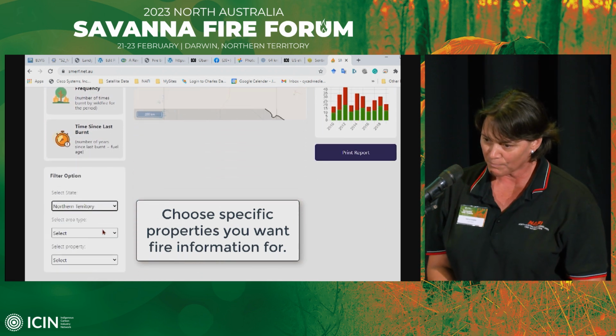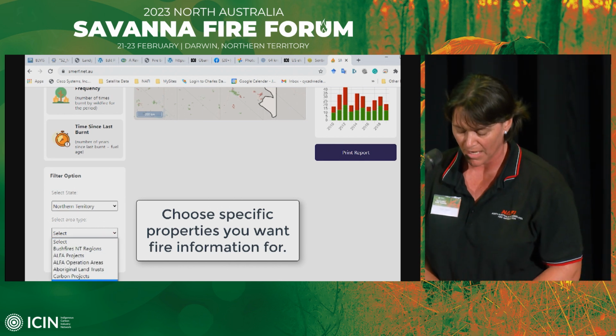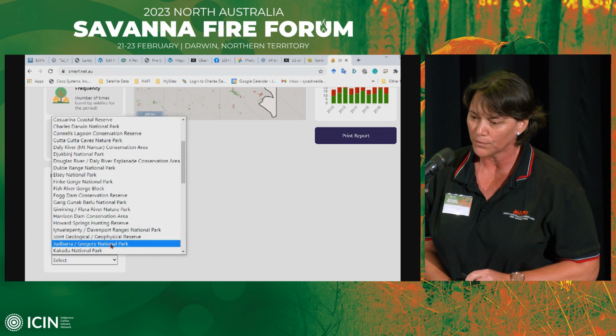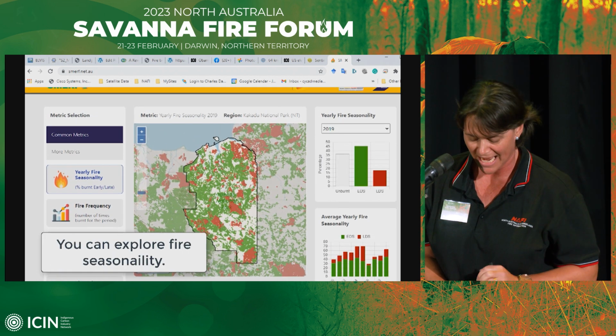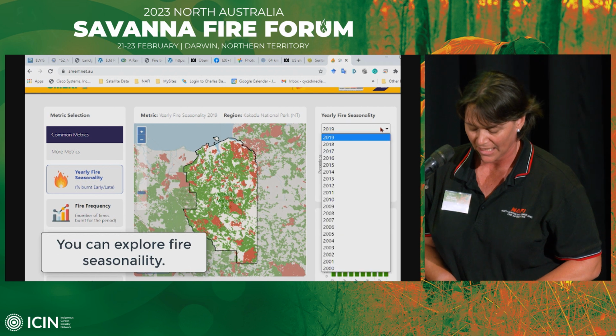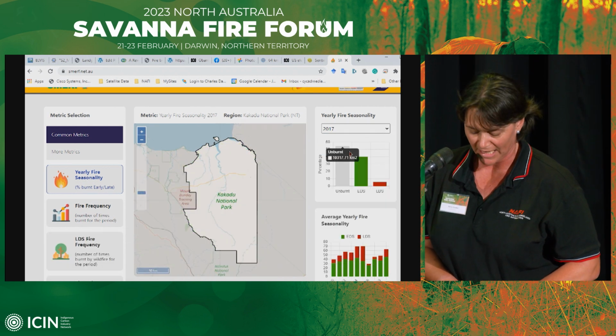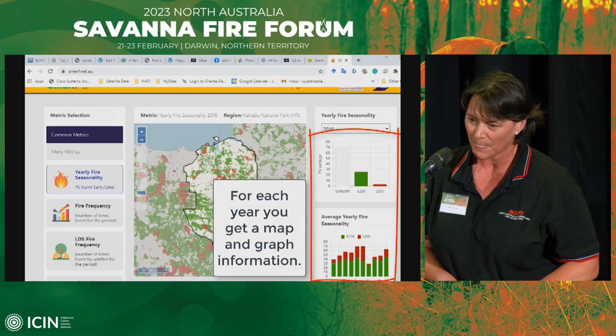Time since last burnt provides an indication of fuel age, which is also available in the late dry season.